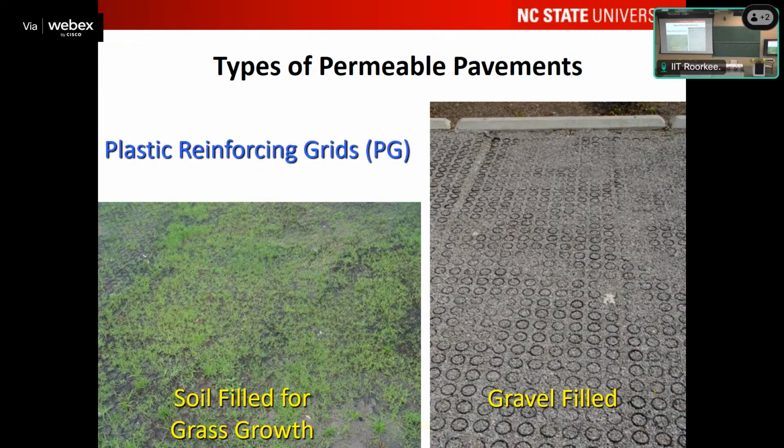Still good, but not even close to as good as a newly installed pervious concrete, or a newly installed PICP, where those gaps are filled with gravel. All right. So these are the different types of permeable pavements that are out there.